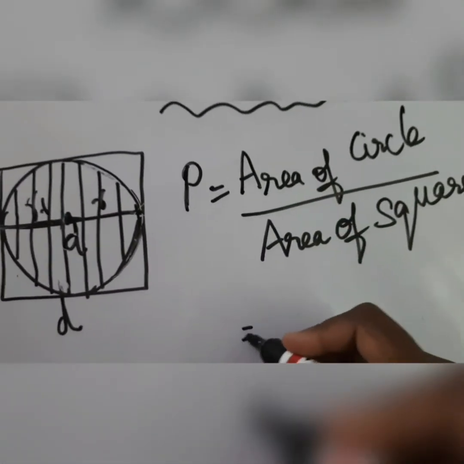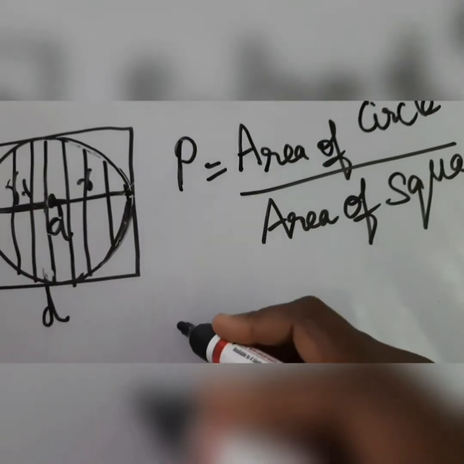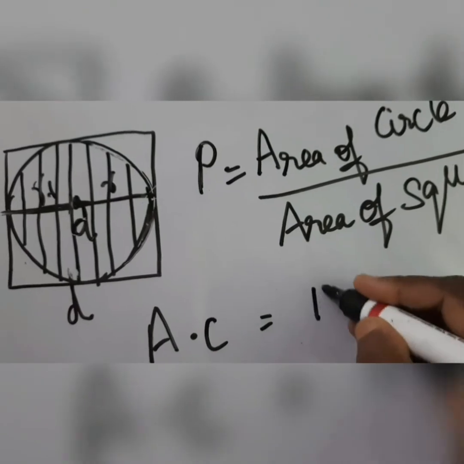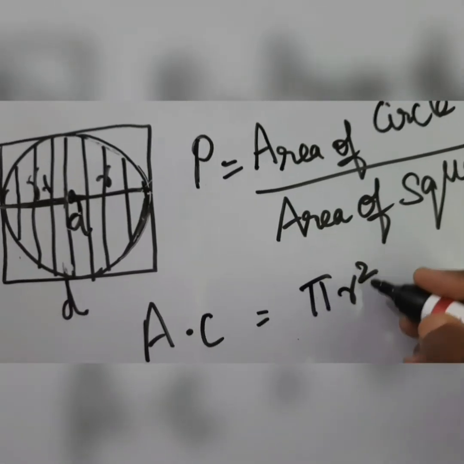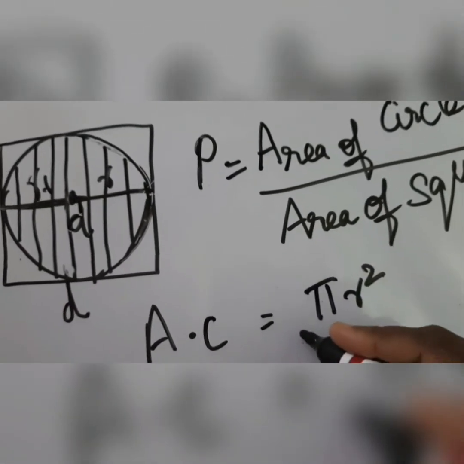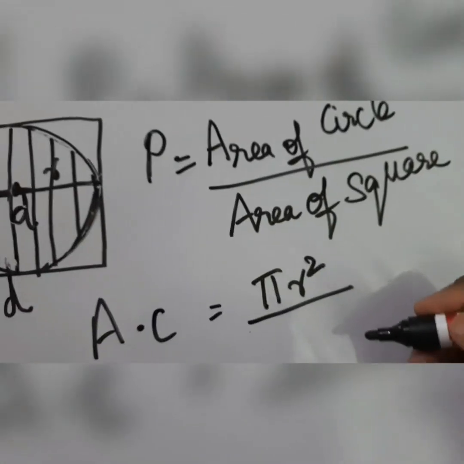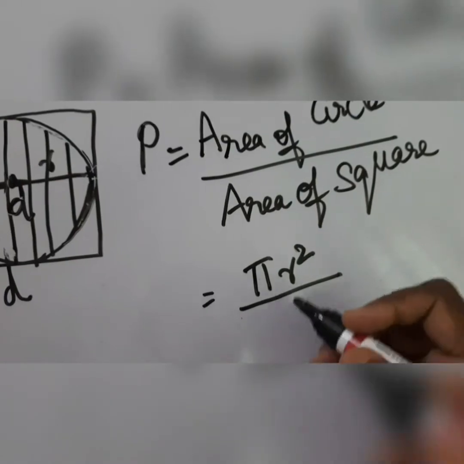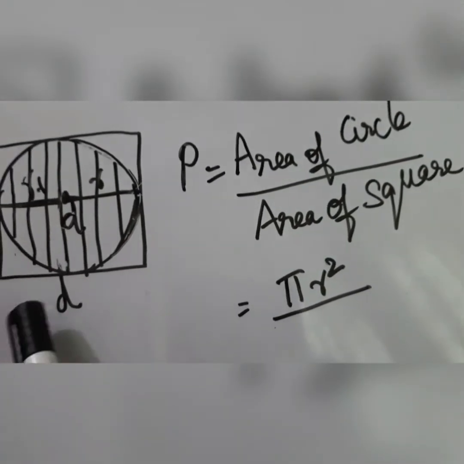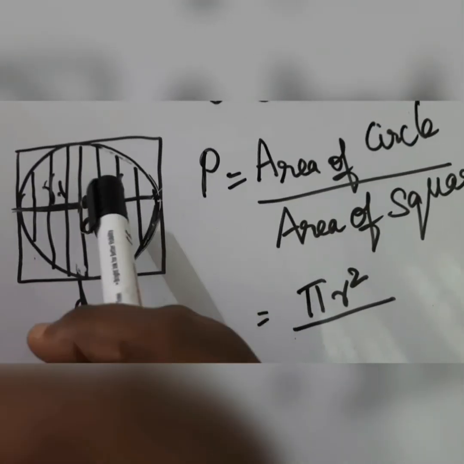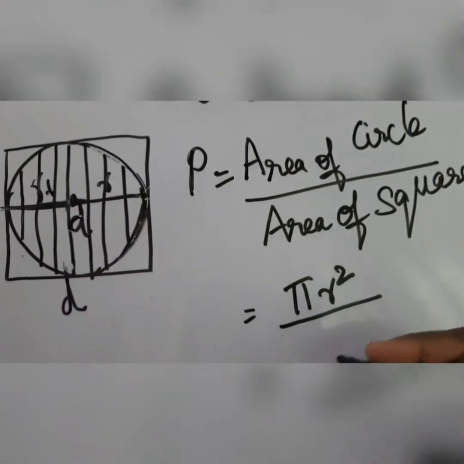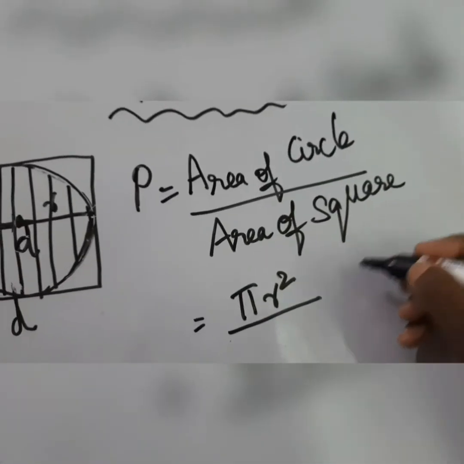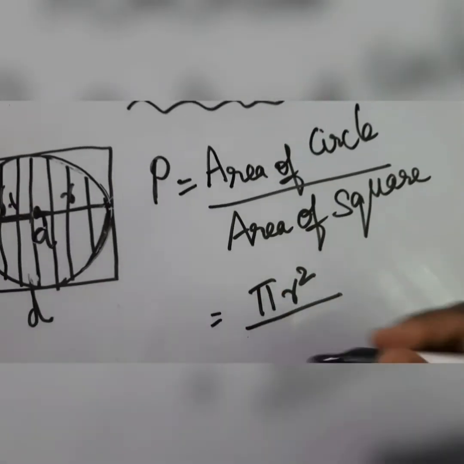Now what is the area of the circle? Area of circle is equal to pi R square. And what is the area of the square? Area of square is equal to D into D, D square.